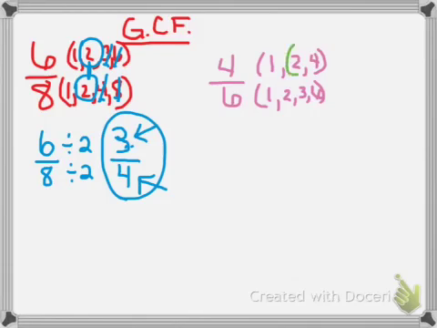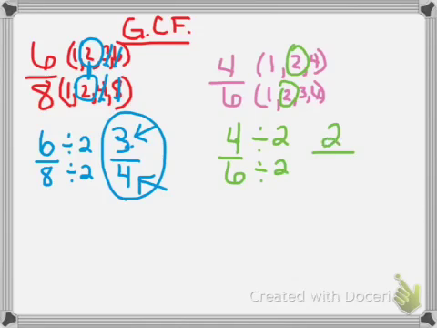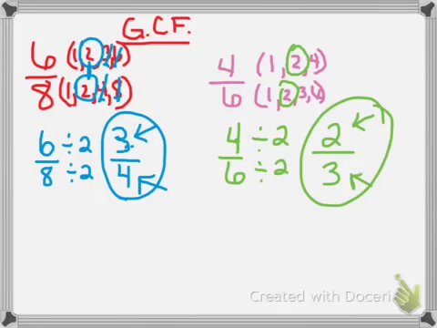Well, going through, it looks like 2 is my greatest factor again. So I'm going to write 4/6 down again, and I'm going to divide that by 2. When I divide it by 2, 4 divided by 2 is 2, and 6 divided by 2 is 3. Now you'll notice that I have 2 prime numbers in my answer, which tells me 2/3 is in simplest form.